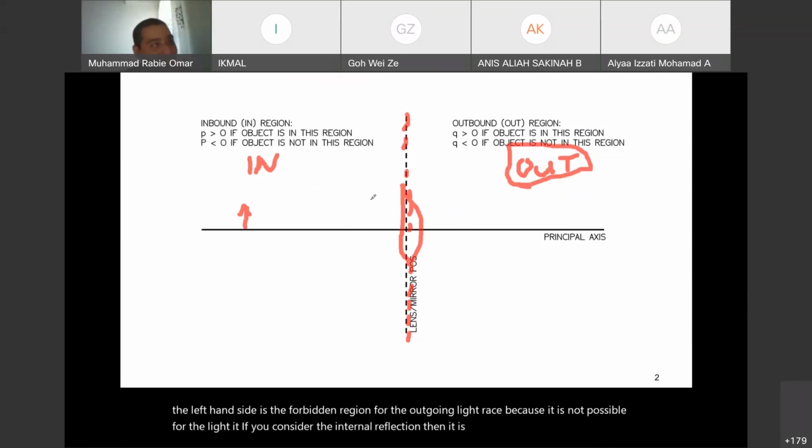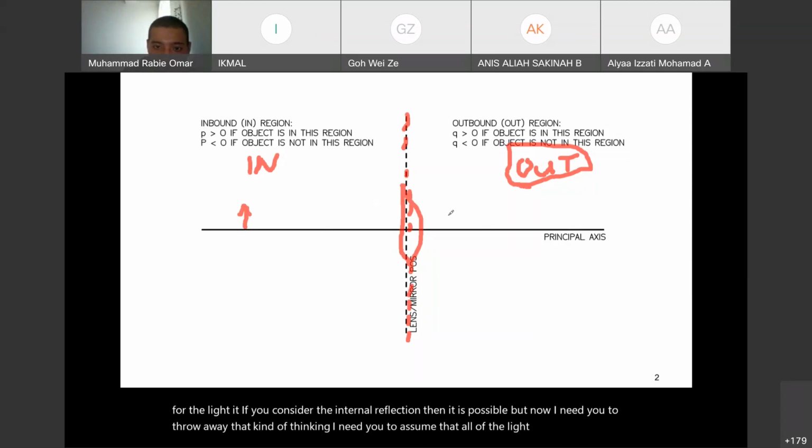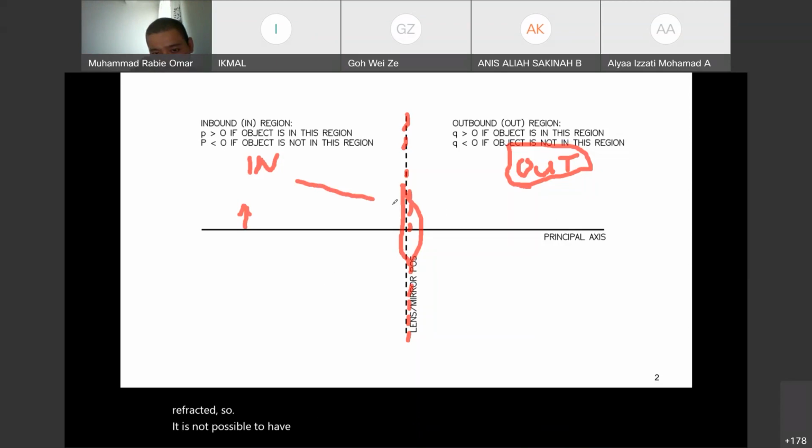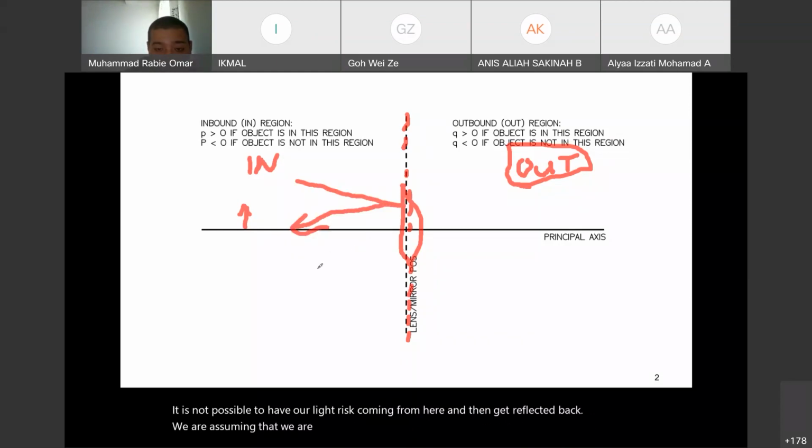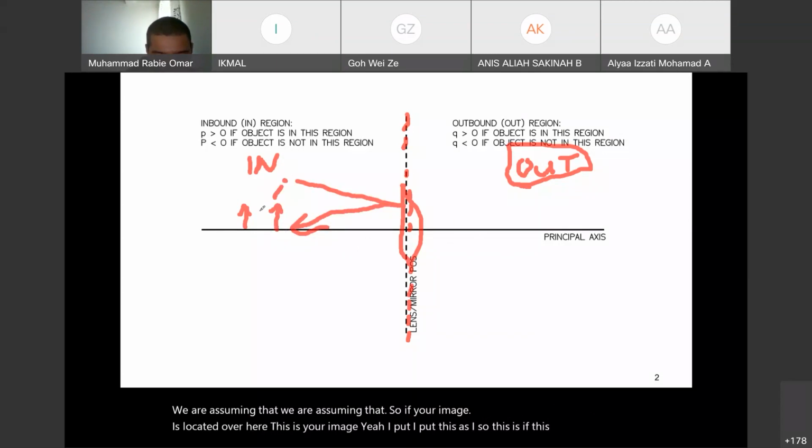But now I need you to throw away that kind of thinking. I need you to assume that all of the light rays are being refracted. So it is not possible to have our light rays coming from here and then gets reflected back. We are assuming that, yeah? So if your image is located over here, this is your image, yeah? I put this as I. So if this is your image, then your Q must be negative.